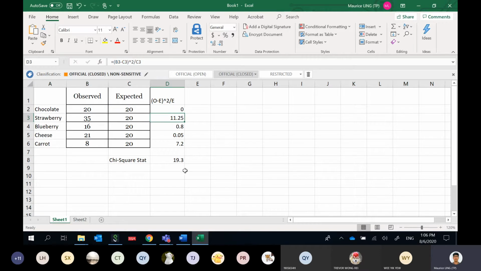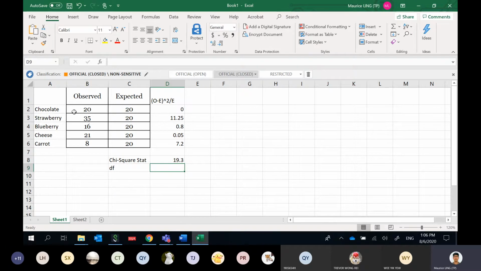So you get a chi-square statistic of 19.3. And what is the degrees of freedom here? Saki, what is the degrees of freedom? Is it 5?